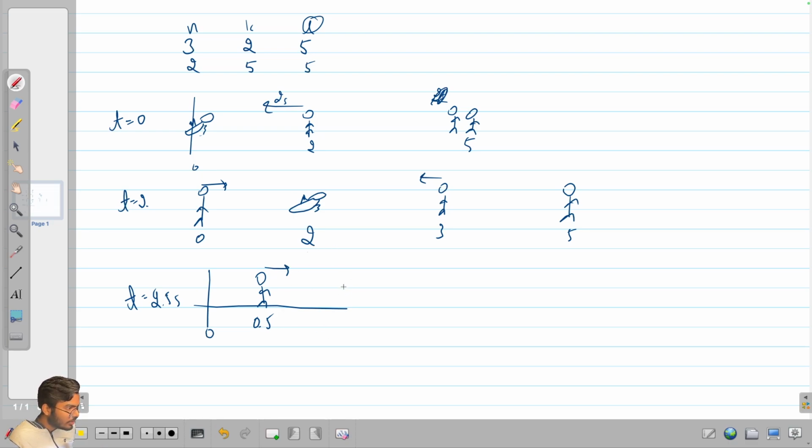This crow will move 0.5 here. So at the 2.5 position we have one crow and a scarecrow, they both are together, right? And this is at position 5.